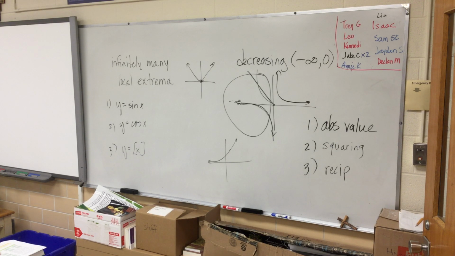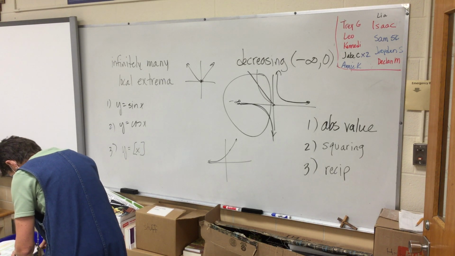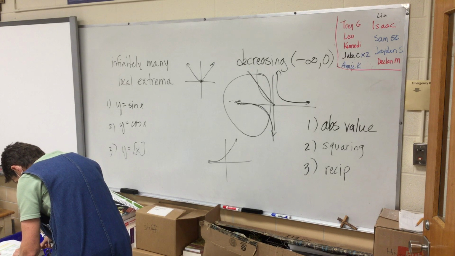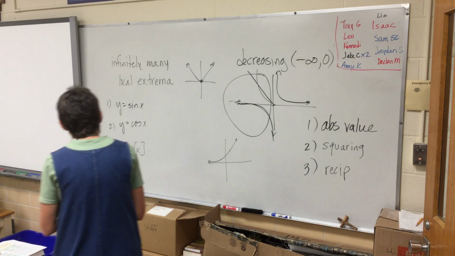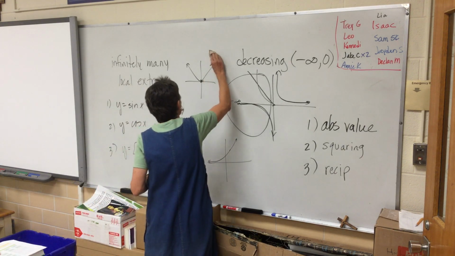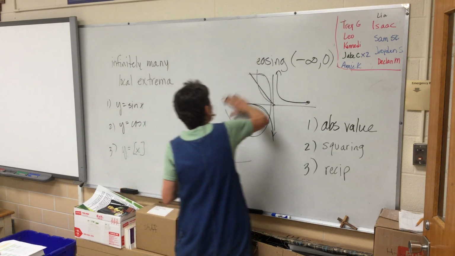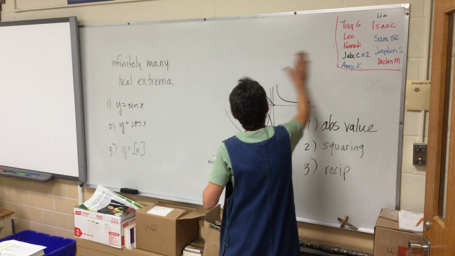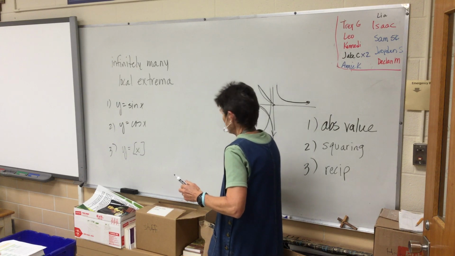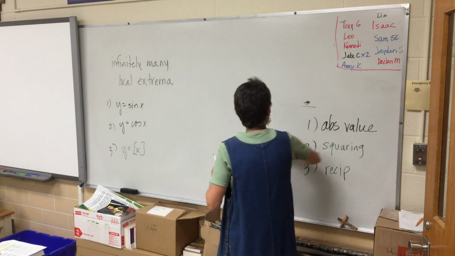All right, next question. The three functions with no zeros. Now, you should know what we mean by zeros. Can anybody tell me? We found them on our calculator before. What do we mean by zeros?